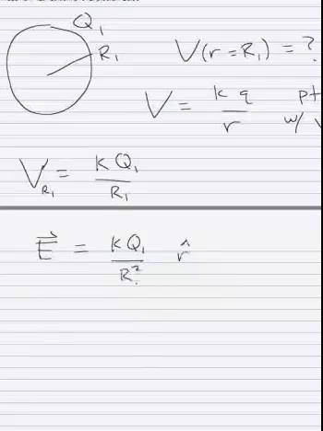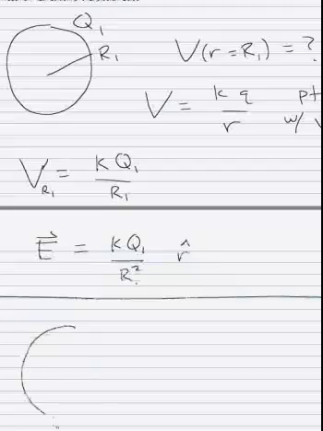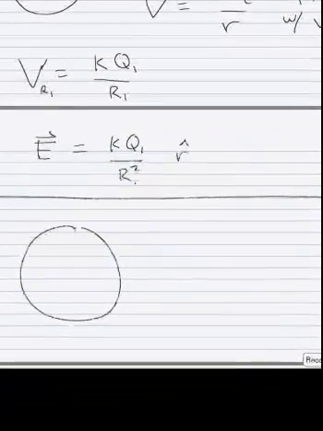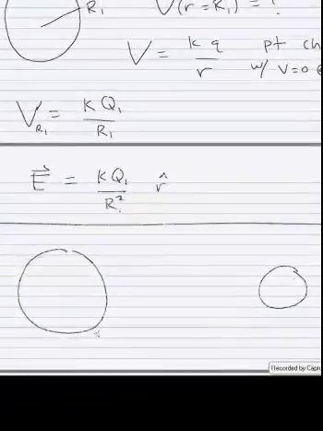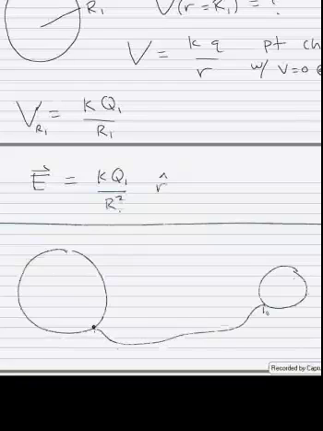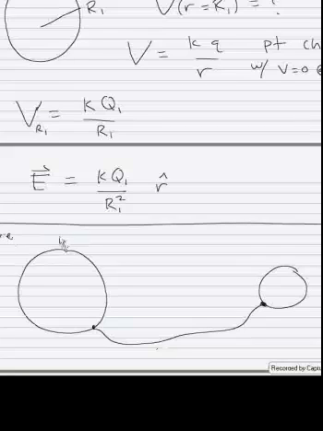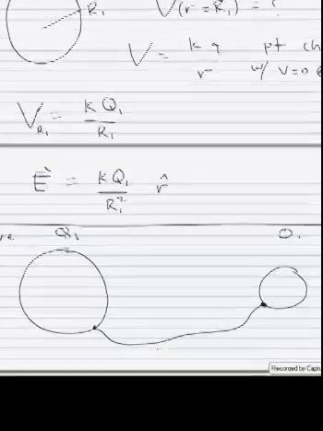Now we're going to hook this up to another sphere, and we're going to use a conducting wire to hook them up. So before hooking them up, this sphere has charge Q1 and the other sphere has 0 charge.